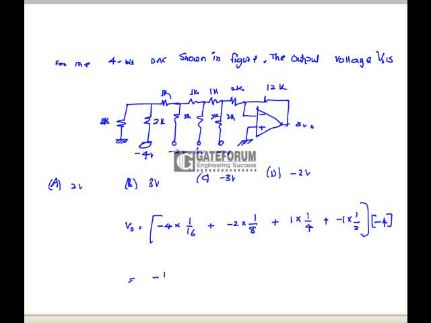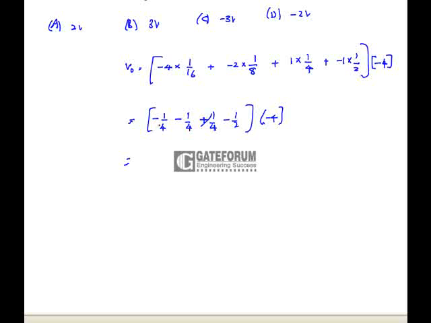So this is (-1/4 - 1/4 + 1/4 - 1/2) × -4. So it is going to be -3/4 × -4, which is +3 volts. That is, option B is correct.